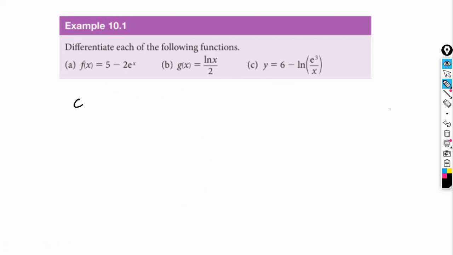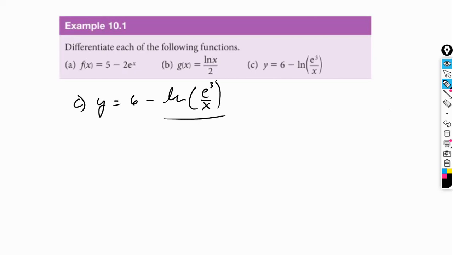And then finally, we have example c that says y equals 6 minus natural logarithm of e to the 3 over x. Now notice that we can rewrite this equation because this is a logarithm.